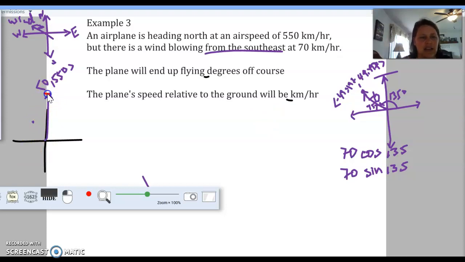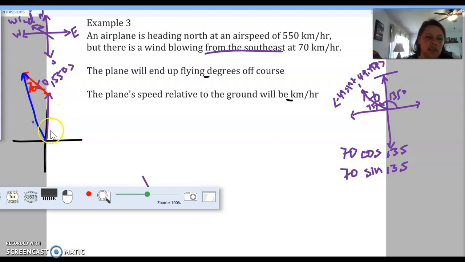So I'm sliding this wind vector out to the end of my airplane. This still has a magnitude of 70 here. But now we're going to add on a third vector, which is the sum of the airplane's force and the wind's force put together.